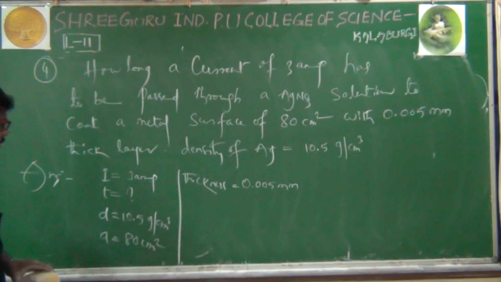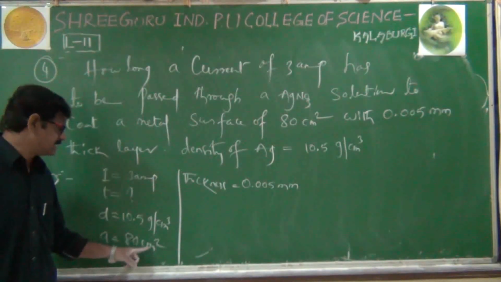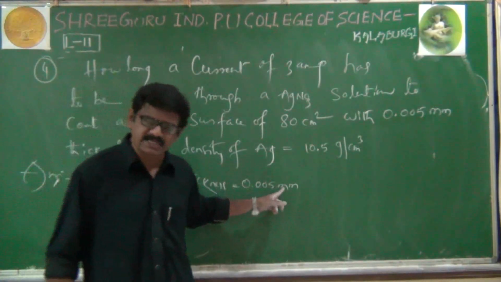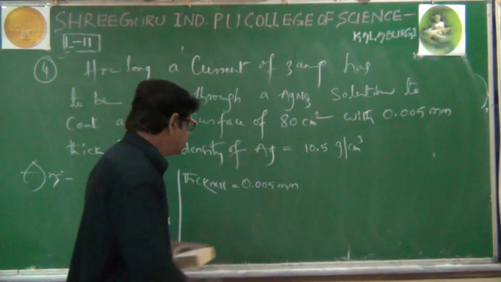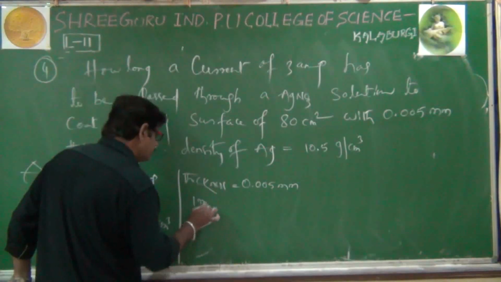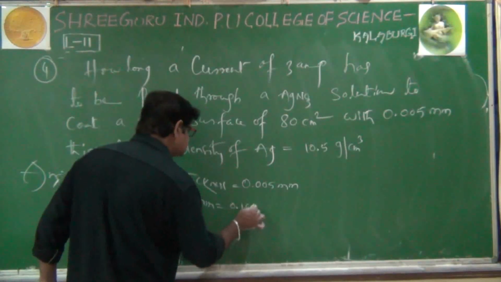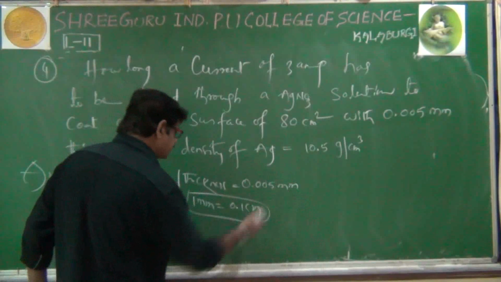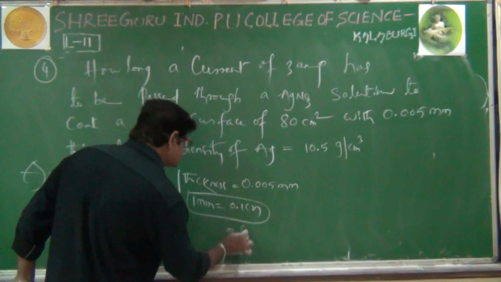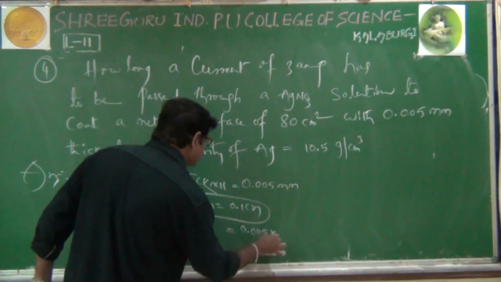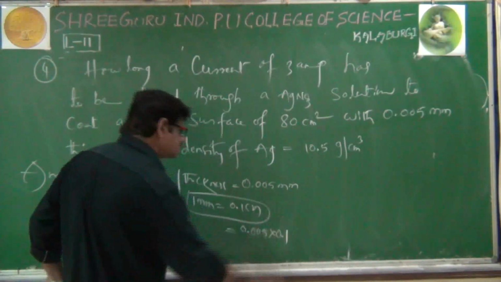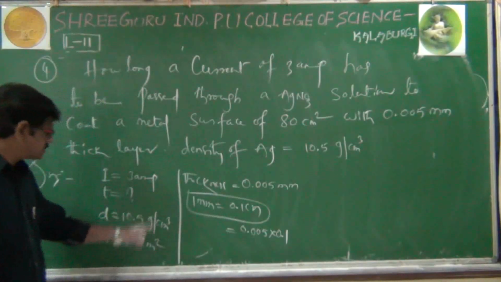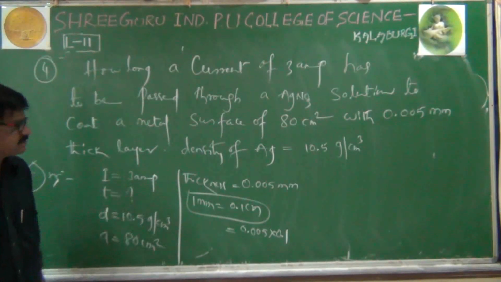We'll do one thing. Here it is centimeter cube, centimeter square, meaning almost CGS values are given. So this millimeter also will be converted into centimeter. Therefore, we will write here 1 millimeter equal to 0.1 centimeter. Instead of millimeter, I will substitute this. Therefore, thickness is equal to 0.005 into 0.1 centimeter. Millimeter has been converted into centimeter because all values are in centimeter only, I mean CGS system only.